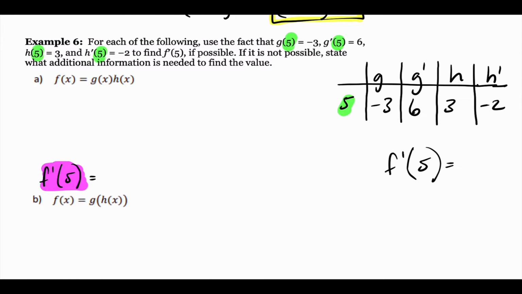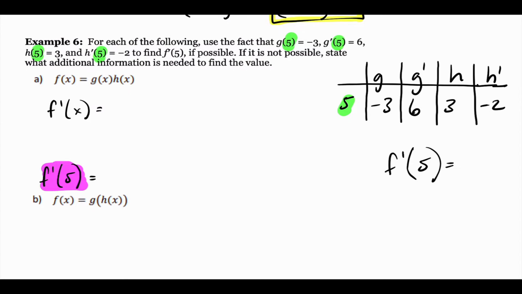Well, here's f right here. f is g of x times h of x. So if I'm going to find the derivative, what are the rules I'm going to use?